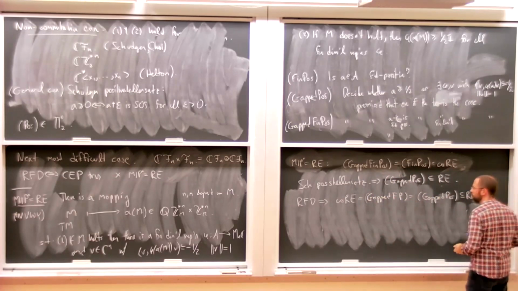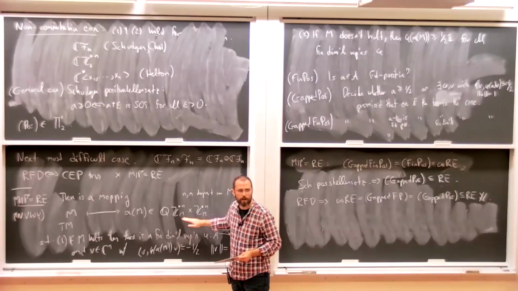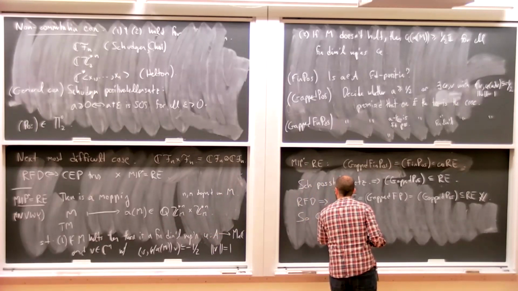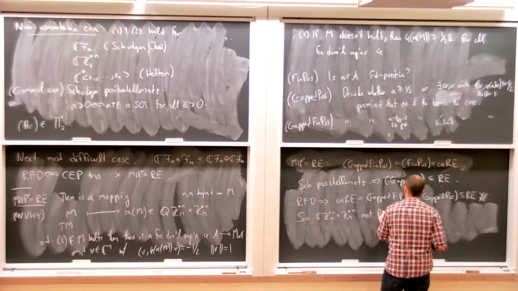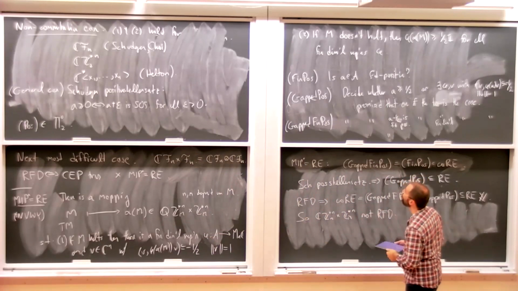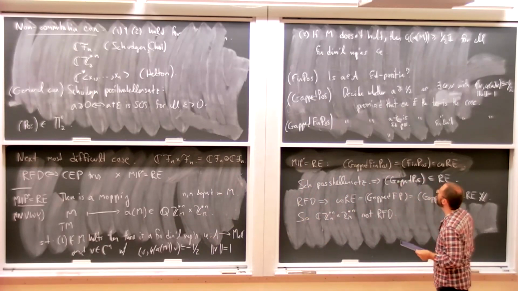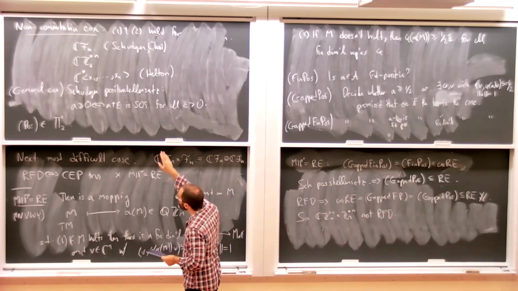Okay, so that's how we know, from this point of view, that this algebra or the complex version of that is not RFD. Okay, so our goal in the project we're working on with Arthur and Yuming, we have these two closely connected properties that are related to this positivity question, and we have examples where they're the same.